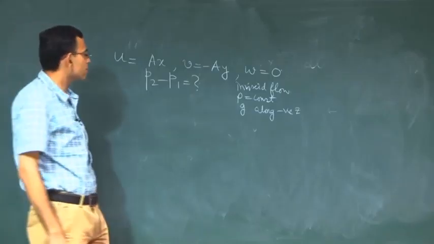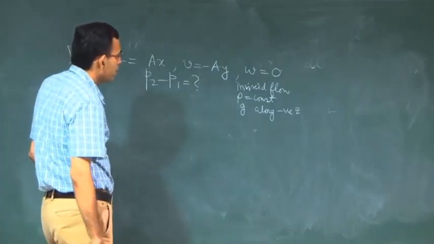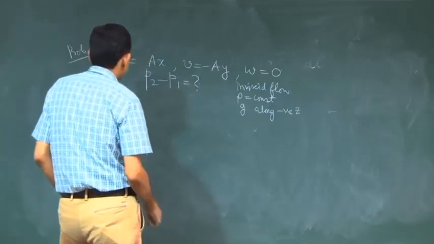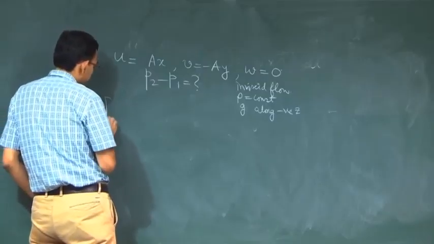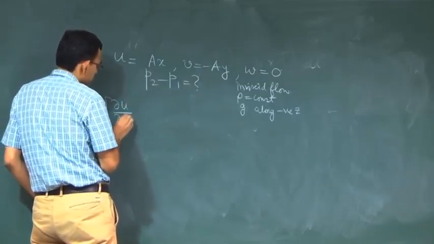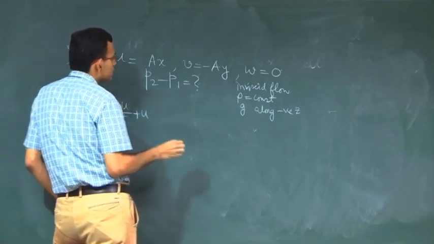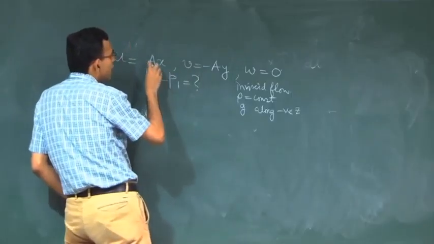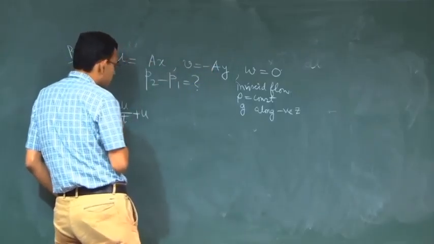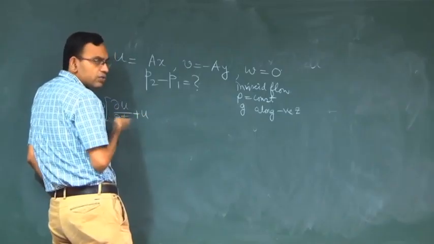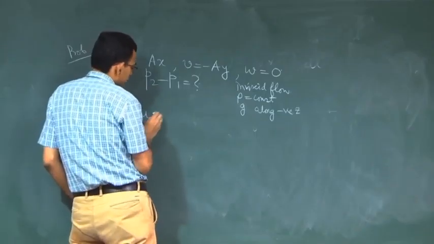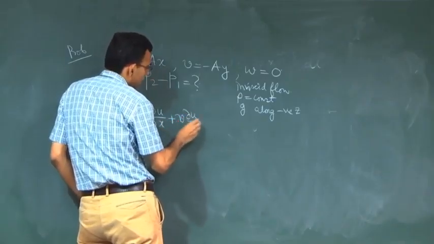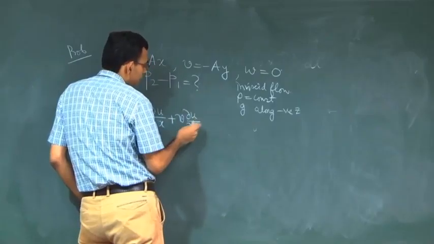So, with all this we can write the equations, and A and V are not functions of time, so it is as good as steady. There is no W, so I am omitting the W part.